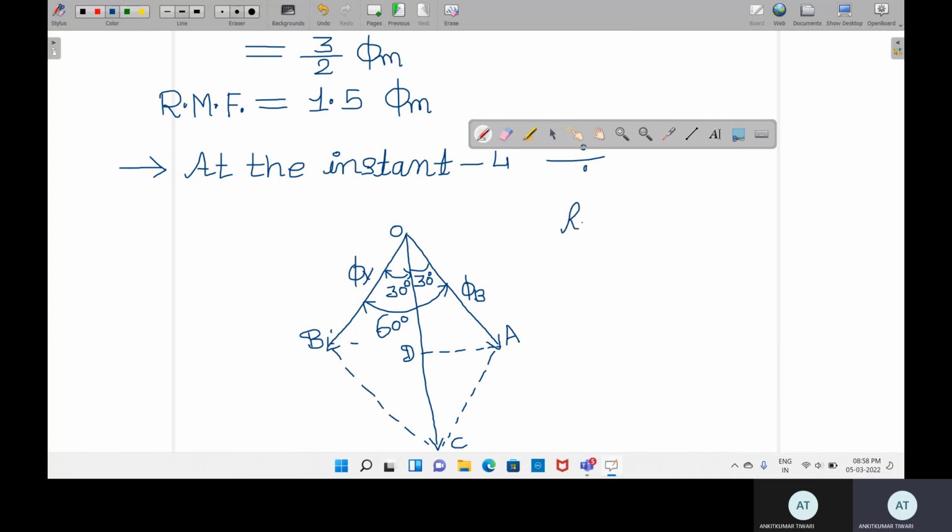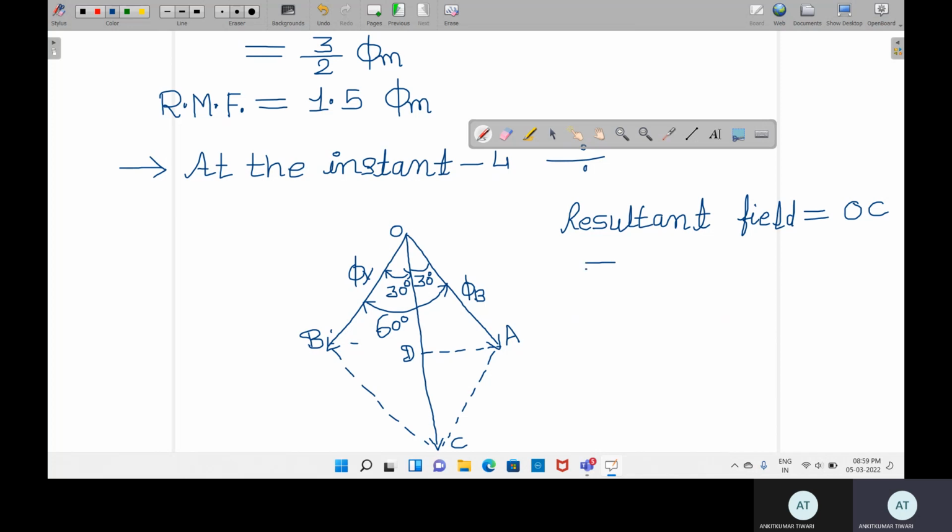So the resultant field is equal to OC, which is the vector summation of OA and OB.